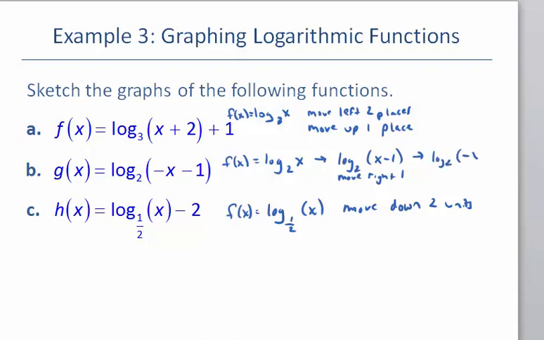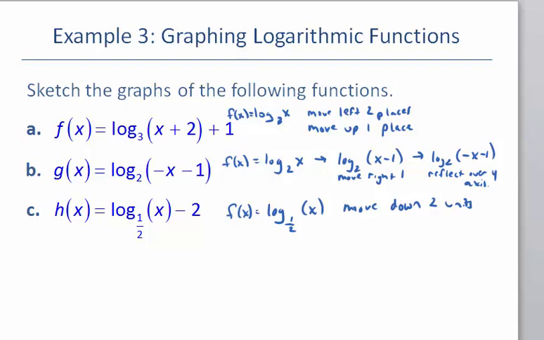So what happens to the graph when you replace an x with a negative x? That graph reflects over the y-axis. So we're going to move it to the right one, and then we're going to reflect it over the y-axis.